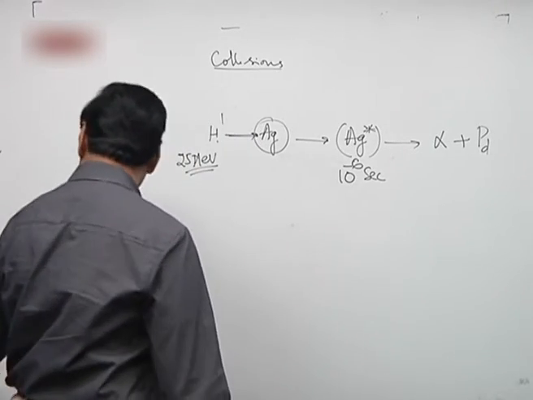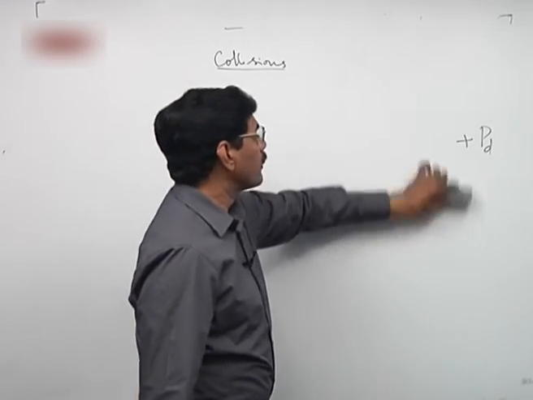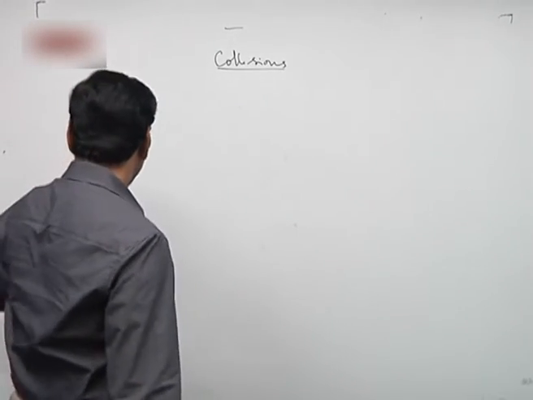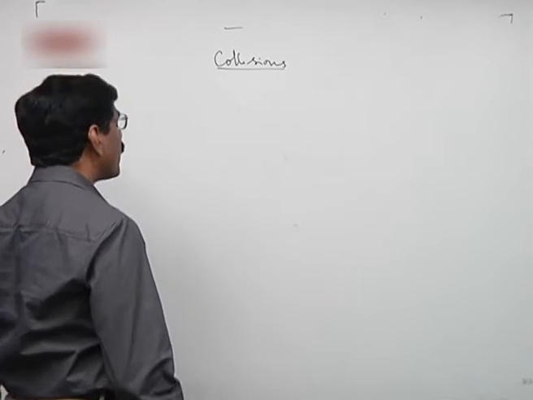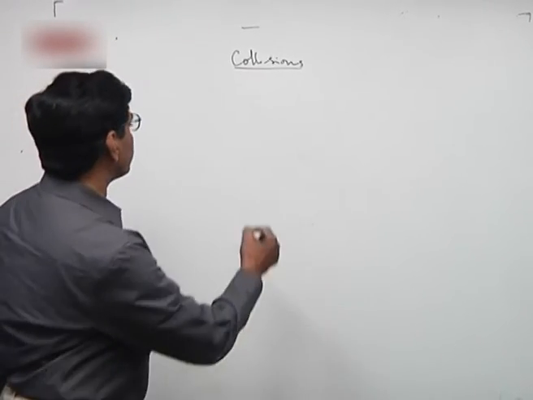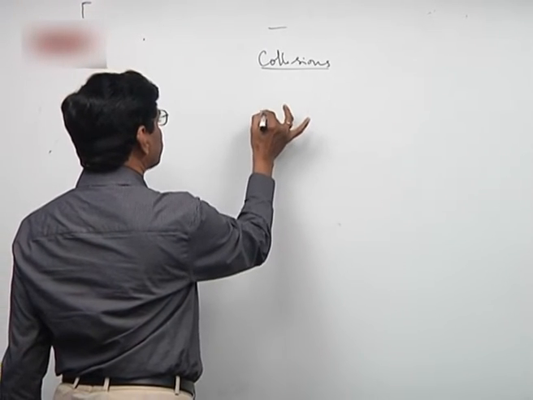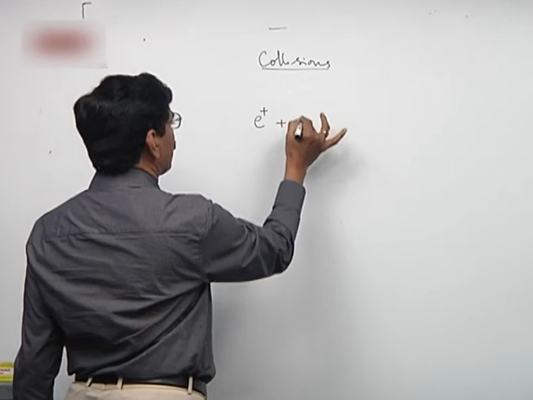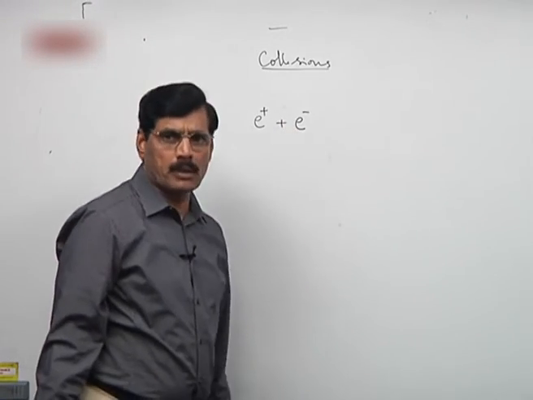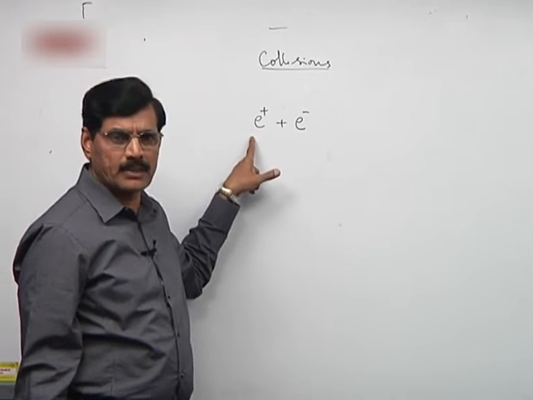Similarly, there is another collision we come across in physics, where we call the event a collision though no particles are present afterwards. For example, there is one event where a positron and an electron interact. The electron is a particle, and the positron is called its antiparticle.